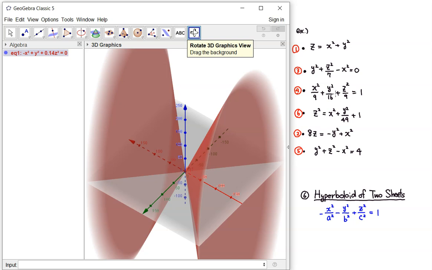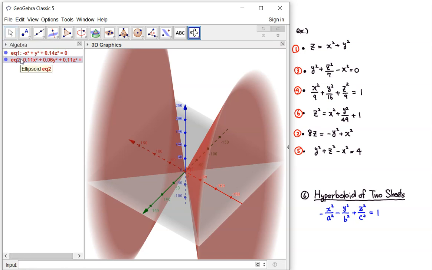All right, so that was the second one. Third one, this is the ellipsoid. So let's type it in. You have x squared over 9 plus y squared over 16 plus z squared over 9 equals 1. Right? So hit enter. All right, then let's see.